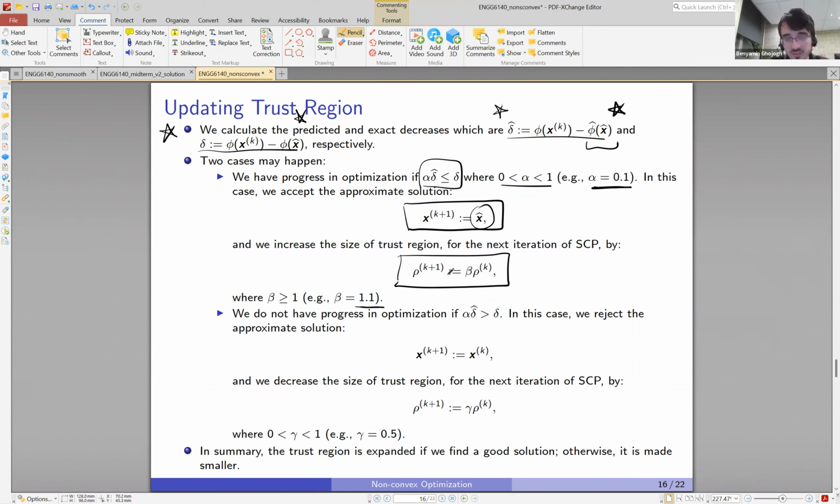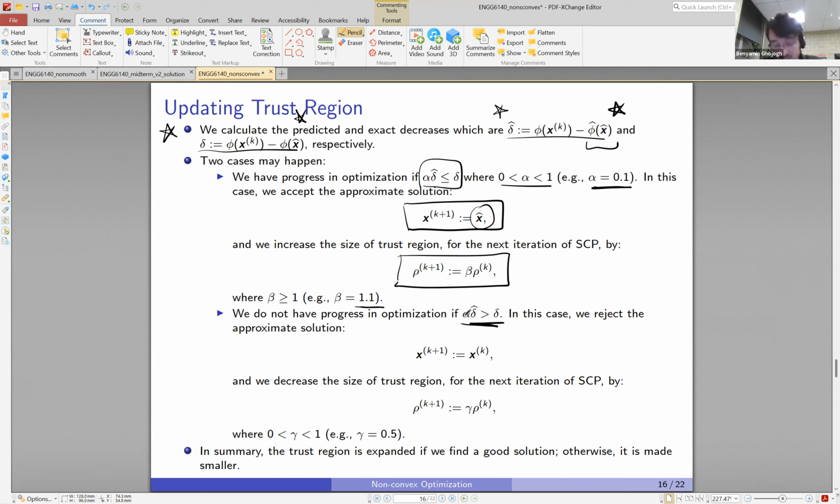However, if this delta hat, which is a harder error, so which has error into error, is larger than some scale of delta, right? Larger than 10 times, because alpha is 0.1, so it means that delta hat is greater than 10 times delta.